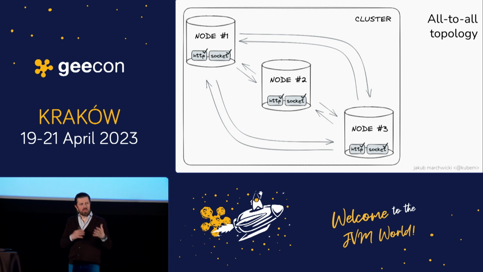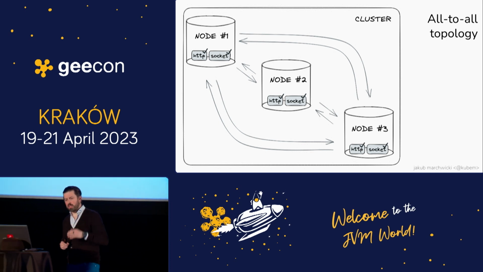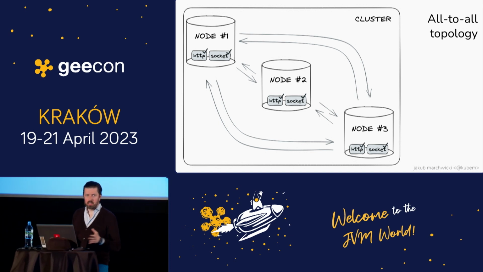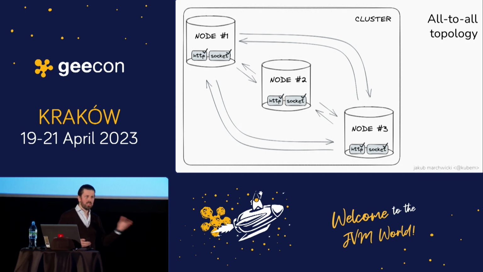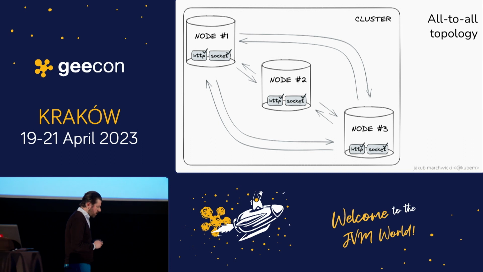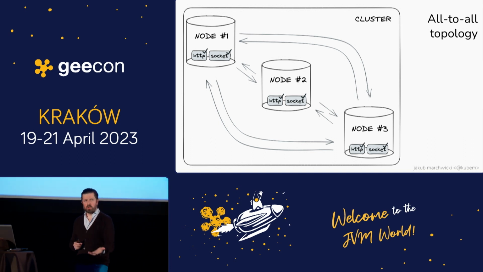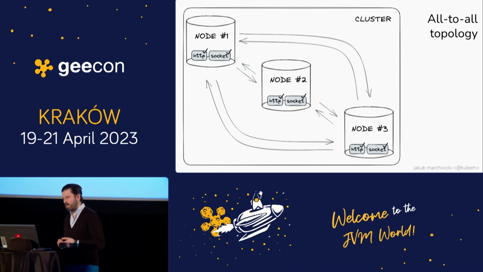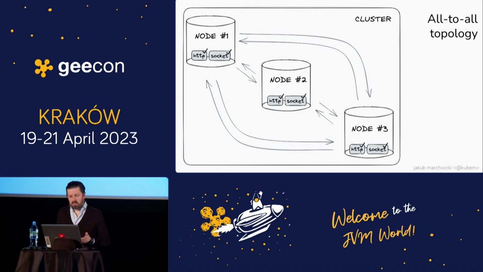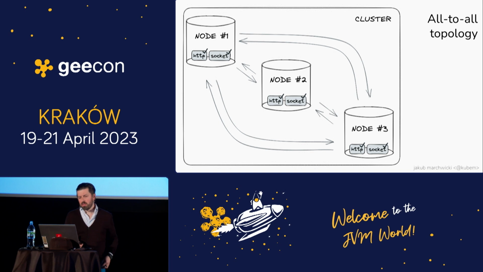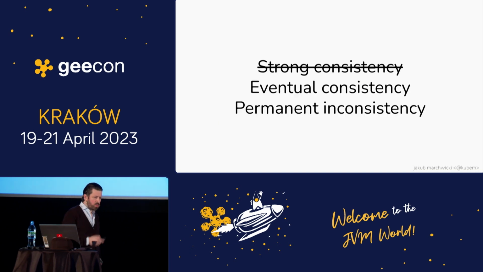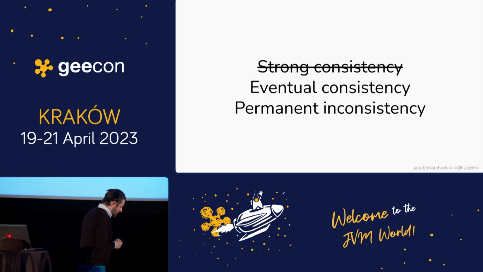Then I could provide stronger consistency guarantees, because if that member is not available for whatever reason, I can inform the client, hey, I cannot perform the update. So I don't have availability, but I have stronger consistency. In my case, any node can perform an update, and the client will not even care if the update has been distributed correctly. So strong consistency is not for us.